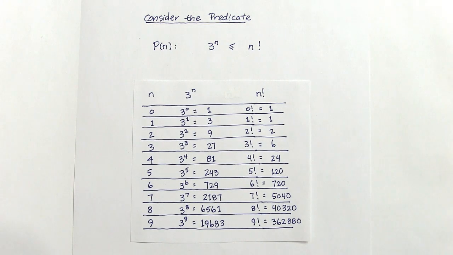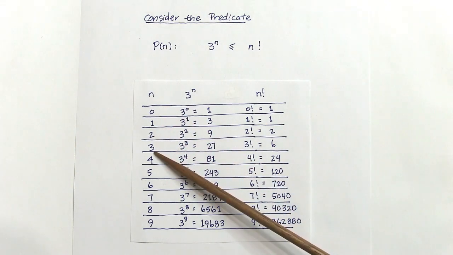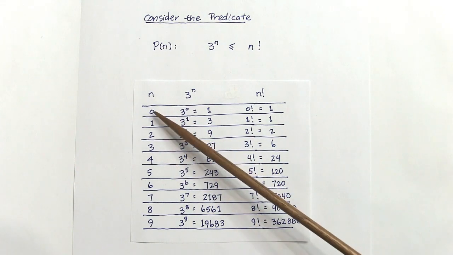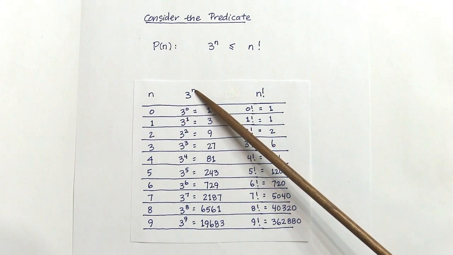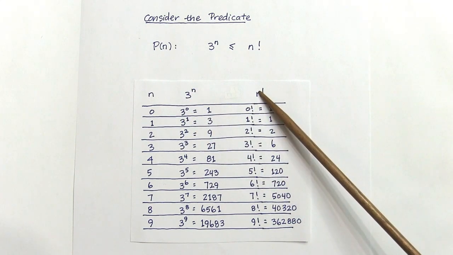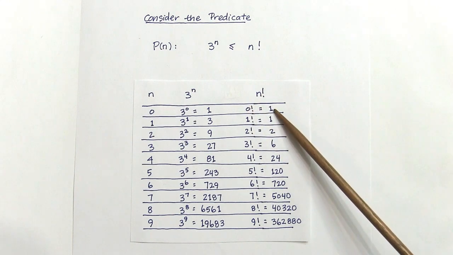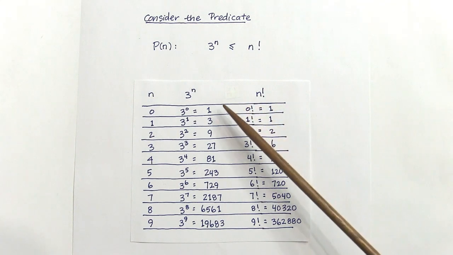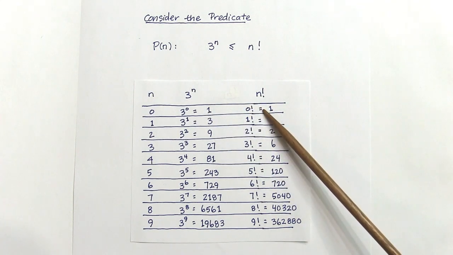Let's look at the first few values of n. When n is 0, 3 to the n is 3 to the 0, which is 1, and n factorial is 0 factorial, which is 1. Yes, 3 to the 0 is less than or equal to 0 factorial. In fact, they're equal.